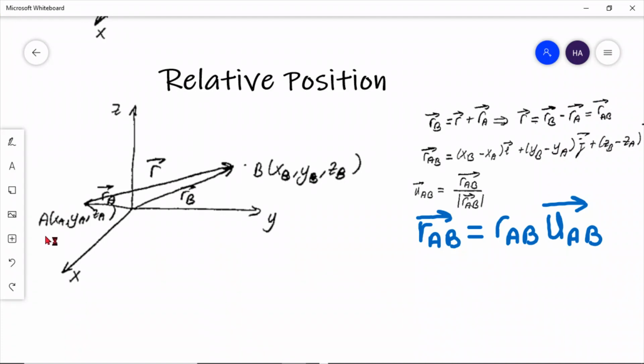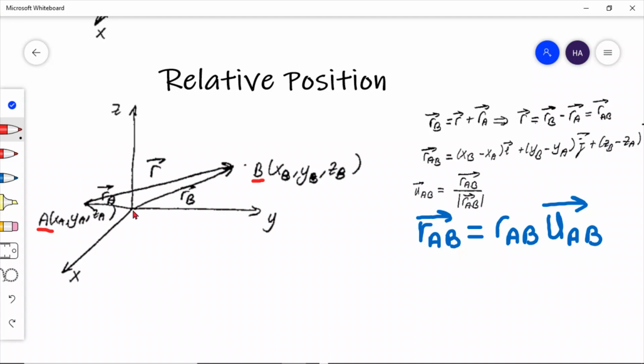First is located at point A, and it has a coordinate of xa, ya, and za. Then the second one is located at point B in space, which has a coordinate of xb, yb, and zb. And now just imagine that I want to determine the relative position of object B with respect to A. So RAB.